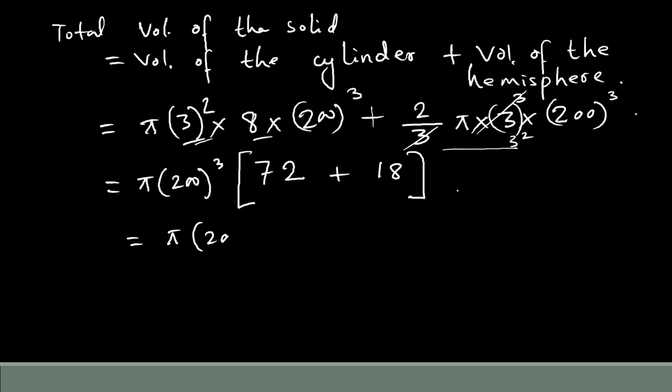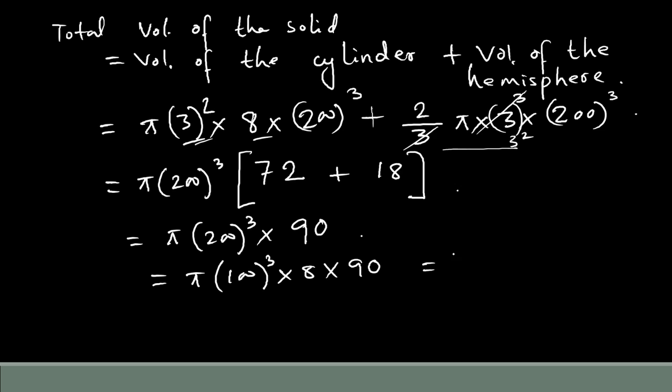So pi 200 cube times 90. So this you can write as 100 cube, and this 2 cube will be 8, right? 8 times 90, so it's 720 times 100 cube times pi.